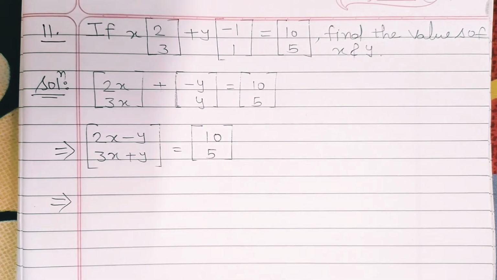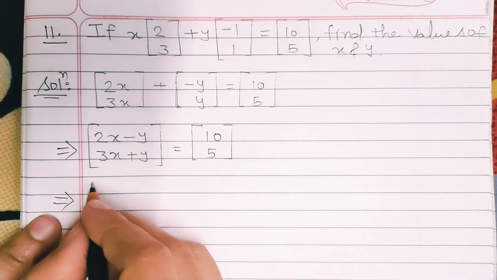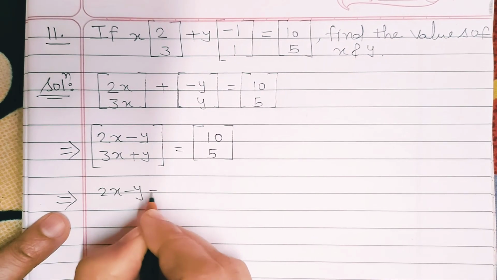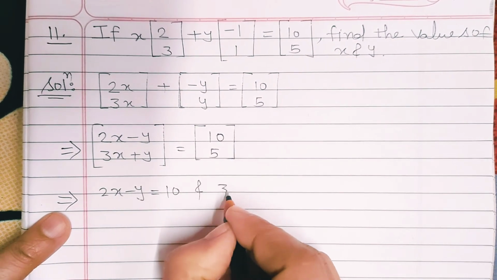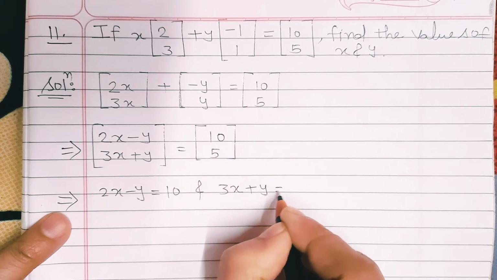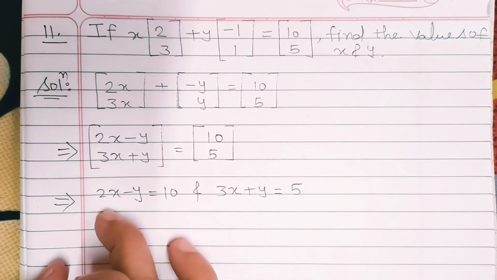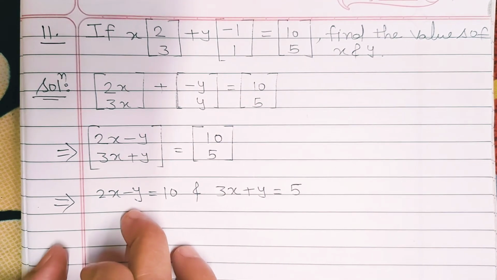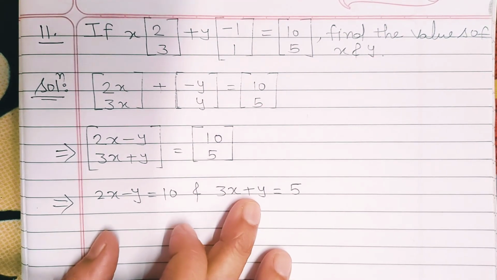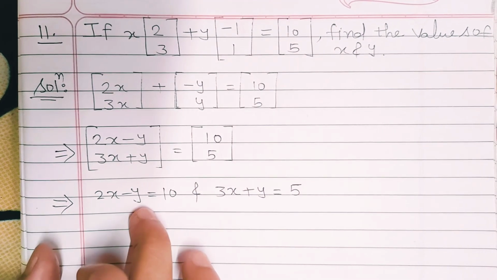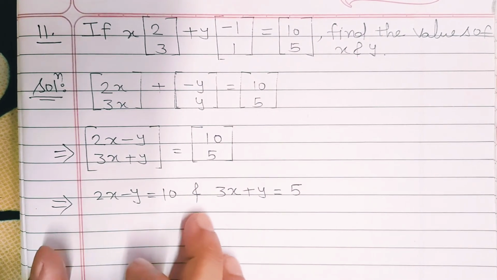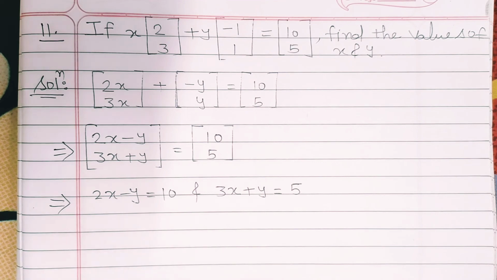So this implies gives us two equations, that means 2x minus y is equal to 10 and 3x plus y is equal to 5. So here what can you do? You can just find the value of x and replace it in the next equation, or you just multiply something 3 or 2 and you just subtract, then again you will get the answer.